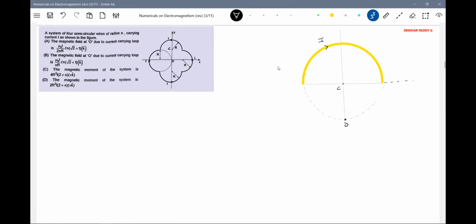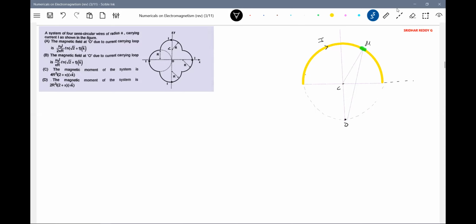Now, how to find the field at point O? We have to apply the Biot-Savart law. Only the Biot-Savart law will help us a lot. So for that, first we'll assume a current element, I dl.